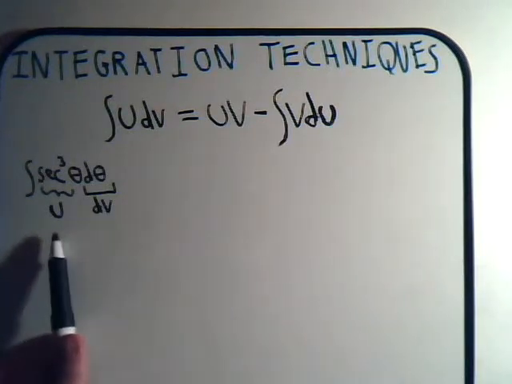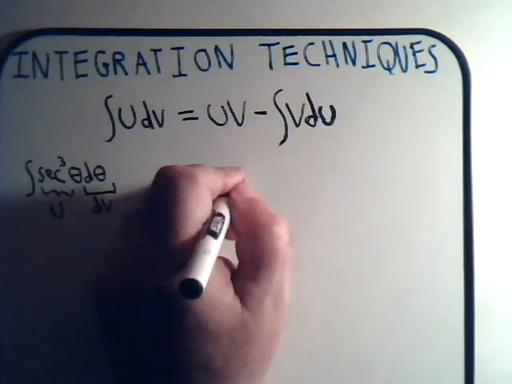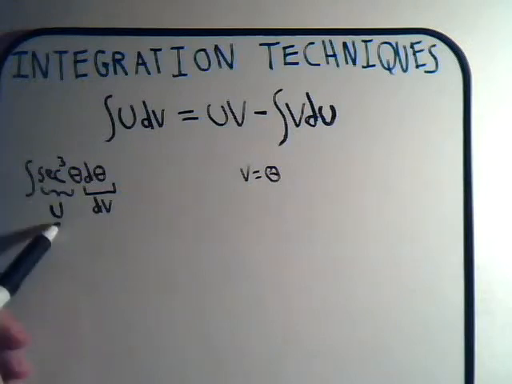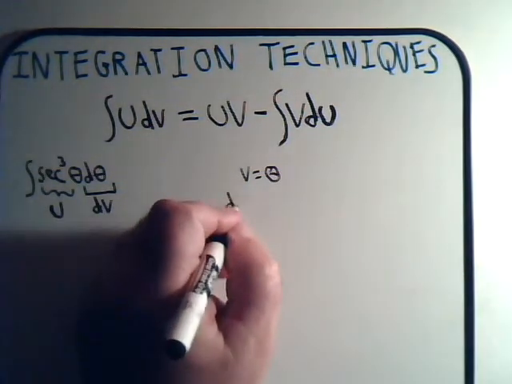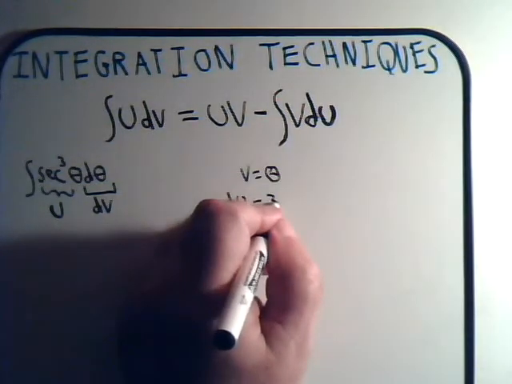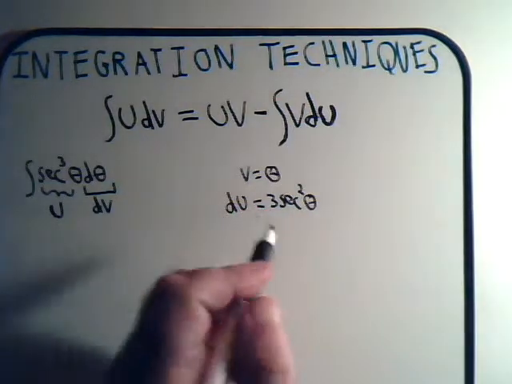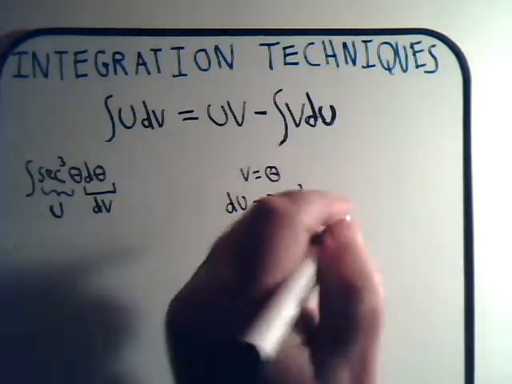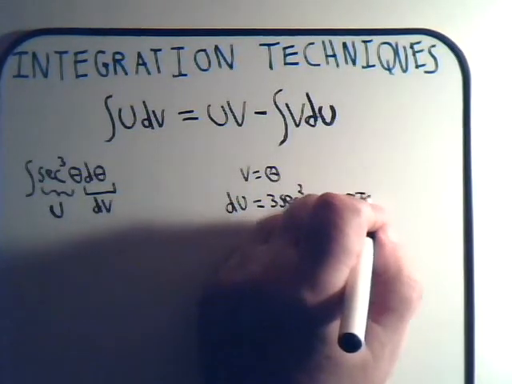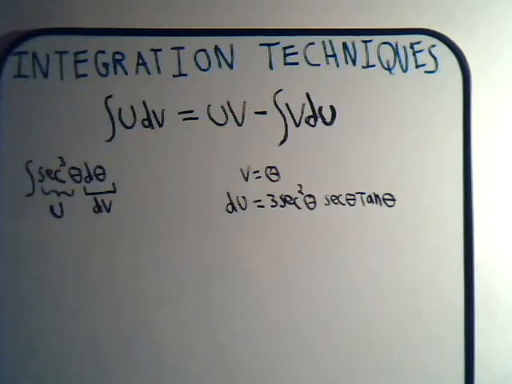So if we try to put it like this, v is just equal to theta, no problem there, but du is going to be 3 times the secant squared of theta times the derivative of what's inside, which is the secant of theta times the tangent of theta d theta.